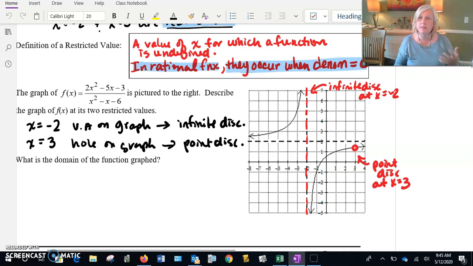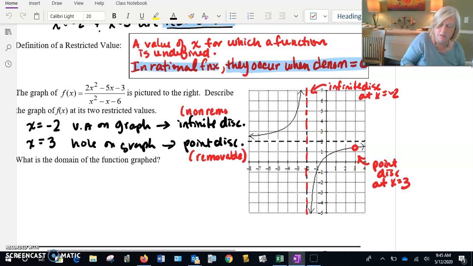Now, the other thing that this implies is that the point discontinuity must have been removable, and the infinite discontinuity was non-removable.